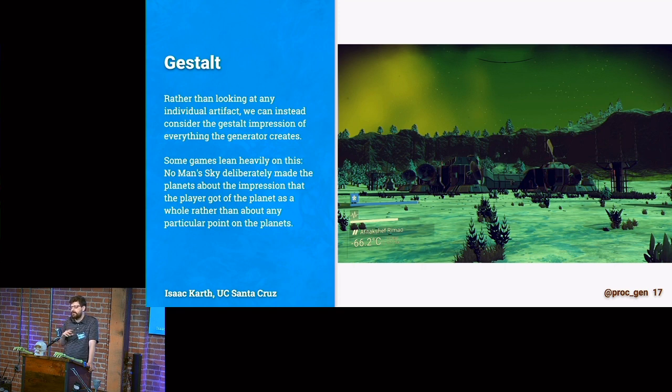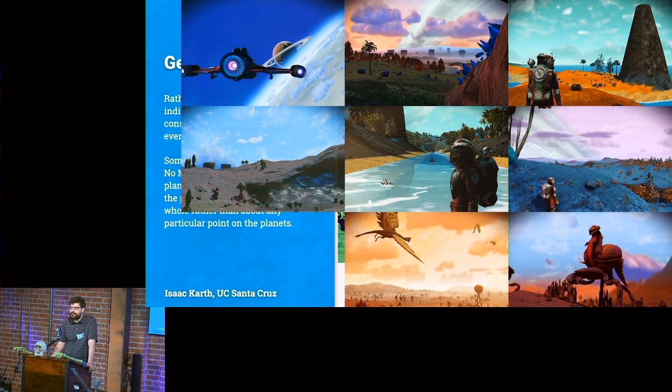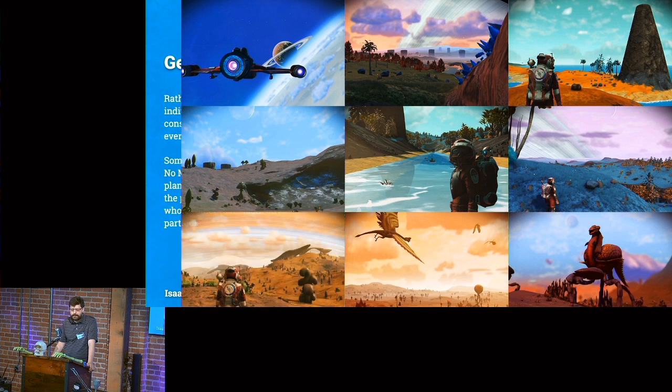For example, No Man's Sky deliberately made the choice to have each planet only have a single biome. So therefore, when you land on a planet, you immediately get the Gestalt effect of the entire planet. So you know that this is the planet with the bluegrass, or this is the planet with these weird canals, or whatever other feature is spread across the entire planet.